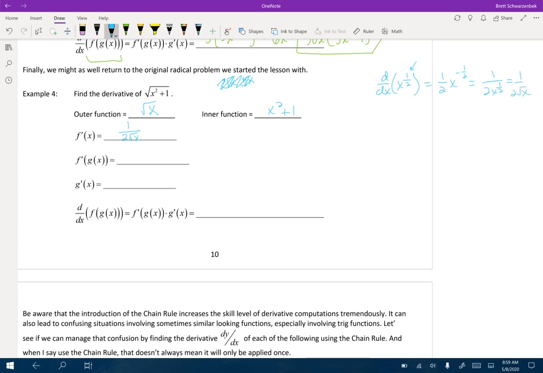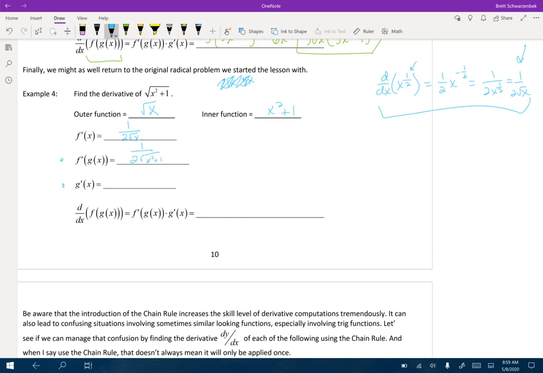We've already done this in a previous section, but I said, you should really memorize the derivative of root x because it will help a lot when it comes to the chain rule sections. All right, so what do we need to do? We need to take this same derivative, but plug in g of x for x. So 1 over 2 root x squared plus 1.